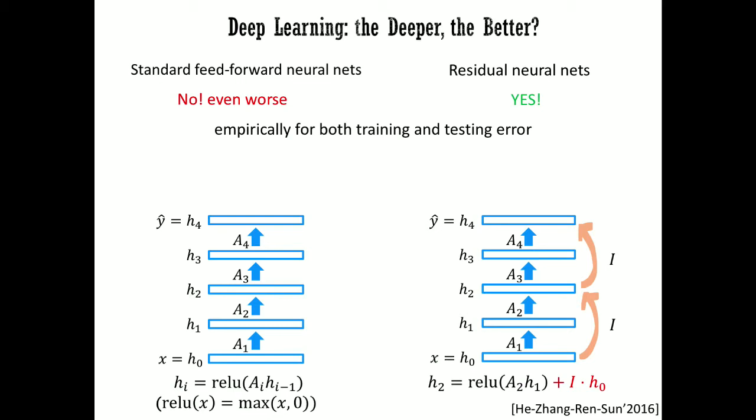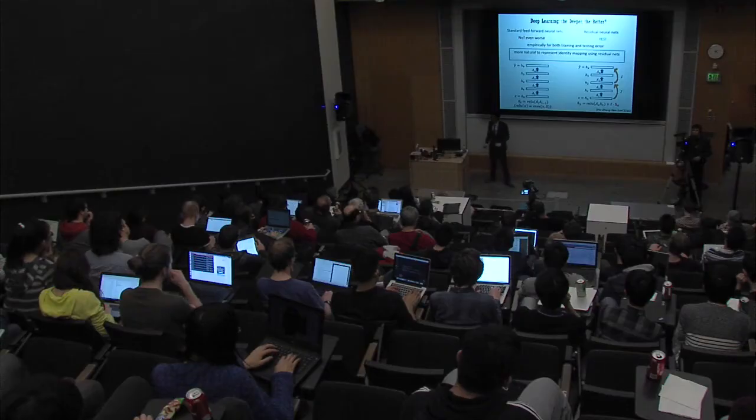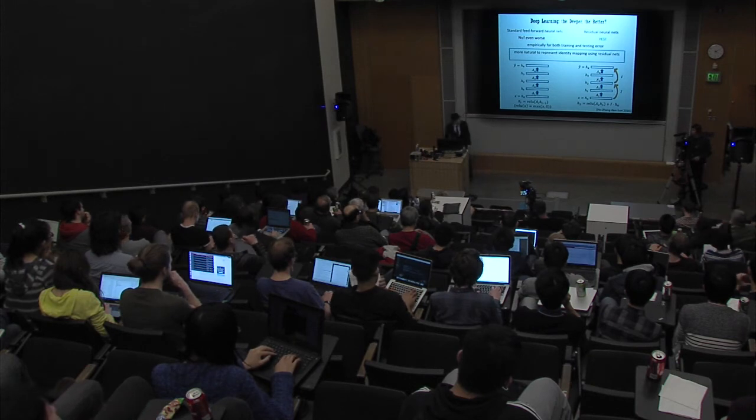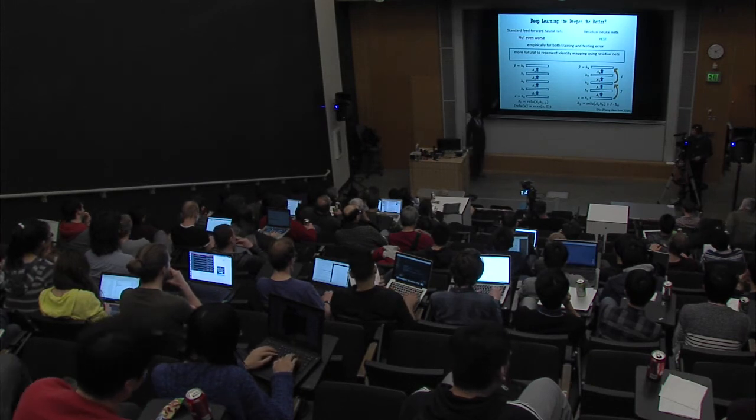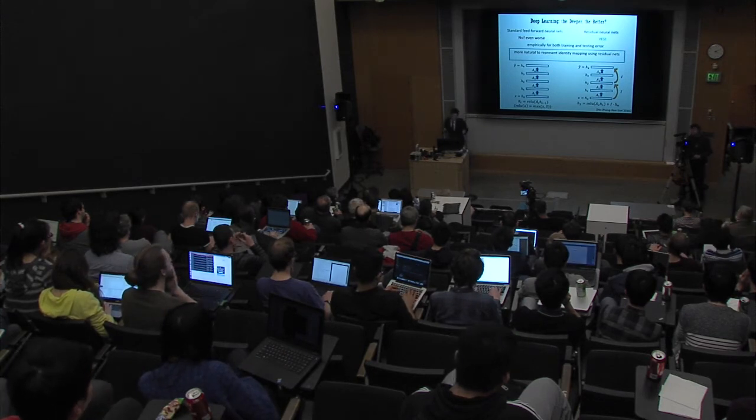The original motivation of He et al. was that it is more natural to represent the identity mapping using residual nets. Using residual nets, if you want to represent the identity mapping, you only need to take all of the A's to be 0. On the other side, representing the identity function is a little bit more complicated. You can still do it, but it's more sophisticated.